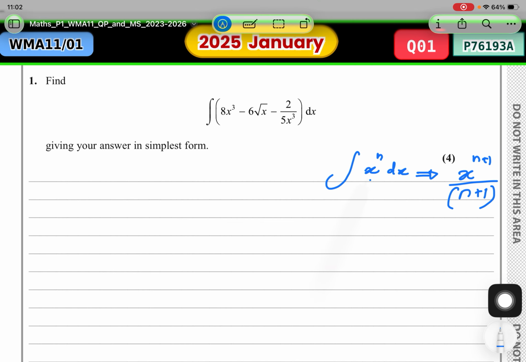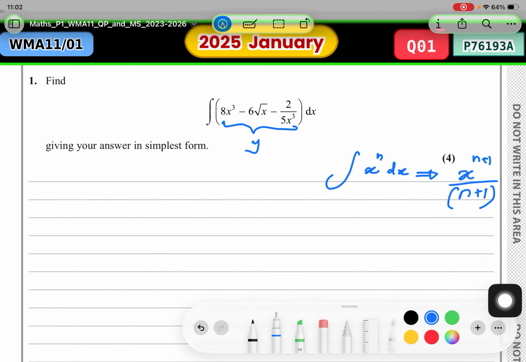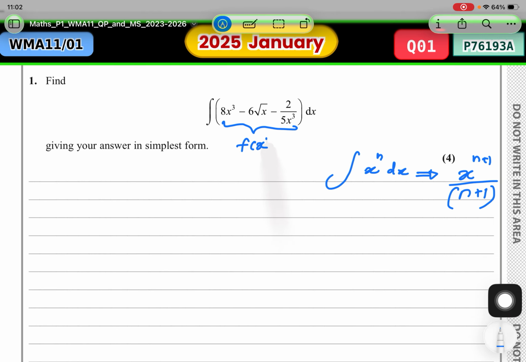To do that, we need to have the x power. So let's format our y, or whatever, the f(x). We can call it f(x). This is the function of f. So f(x) is going to be 8x to the power 3 minus 6 root x minus 2 divided by 5x to the power 3.